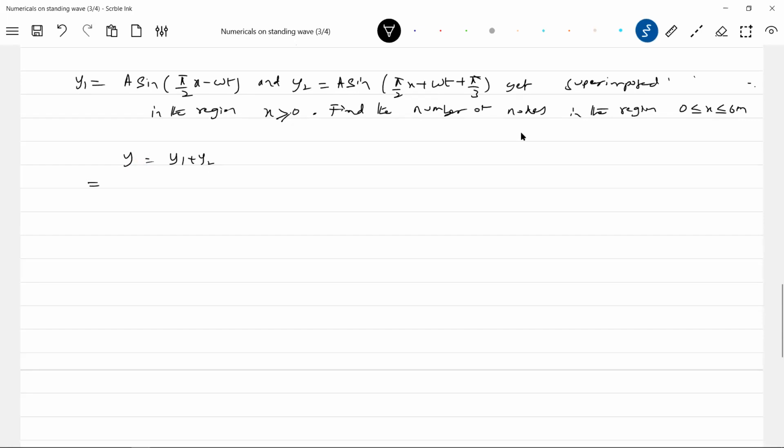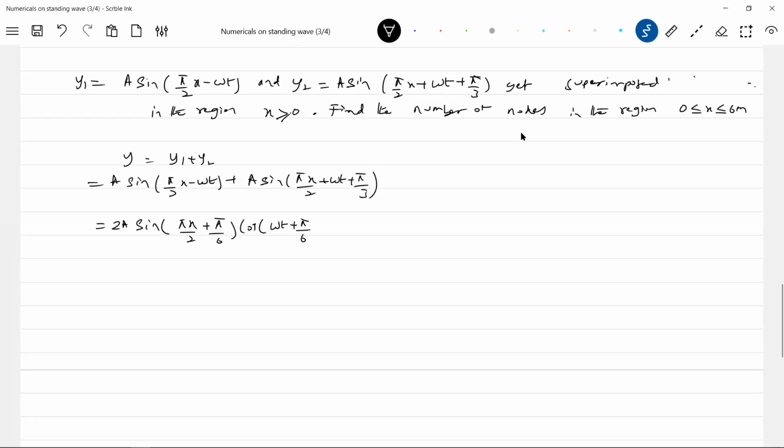So this should become equal to 2a sine pi x by 2 plus pi by 6 cos of, okay, this I just simplified. I'm getting this one.